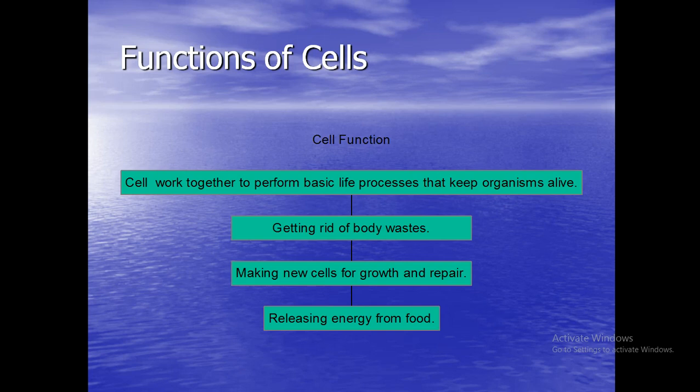And if this body waste remains in the body, it becomes toxic or poisonous. Then it is the duty of the cells to remove, to excrete, or to push out this body waste.